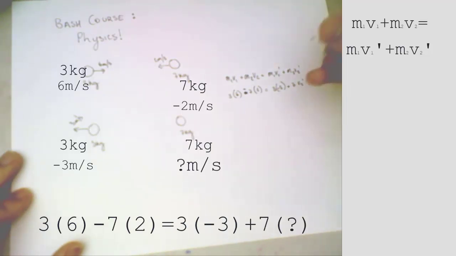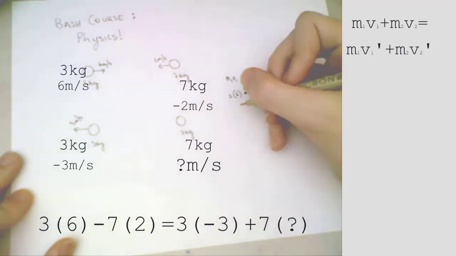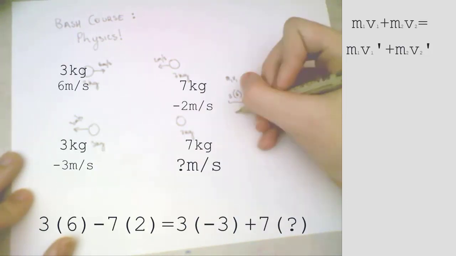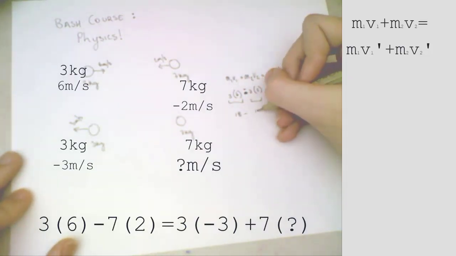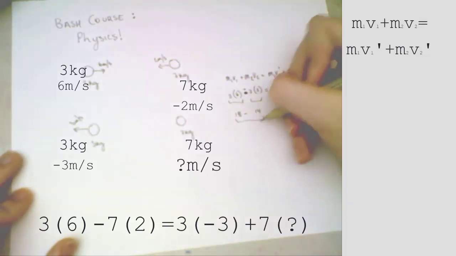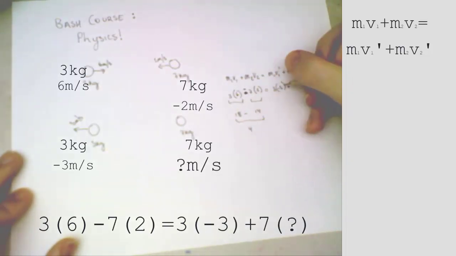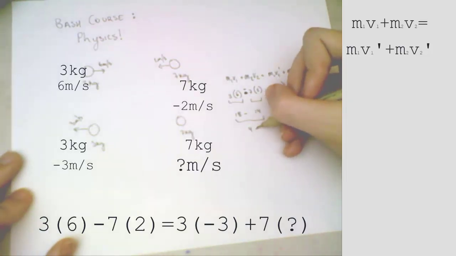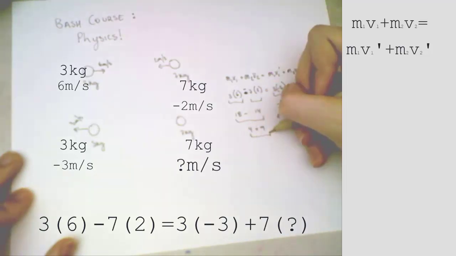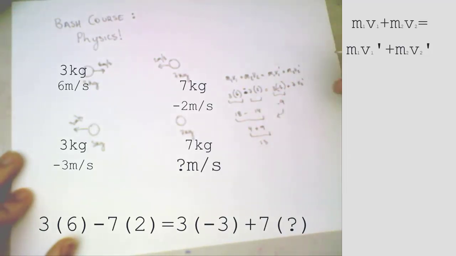Now let's do some basic algebra and figure out the answer. So 3 times 6 is 18, minus 7 times 2, that's another 14. This together is 4. And this is -9, and we're going to bring that to the other side, so plus 9 over here. It's going to give us 13, and that's going to be equal to our 7 v2 prime.